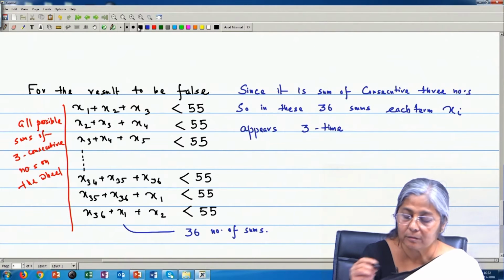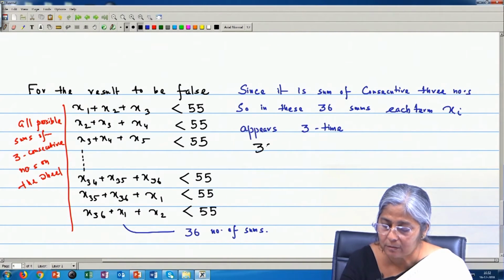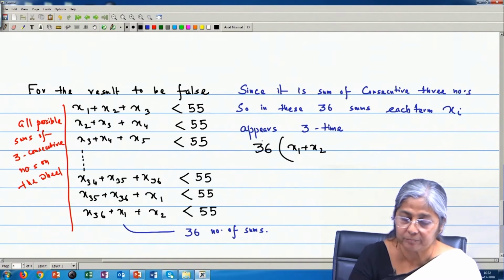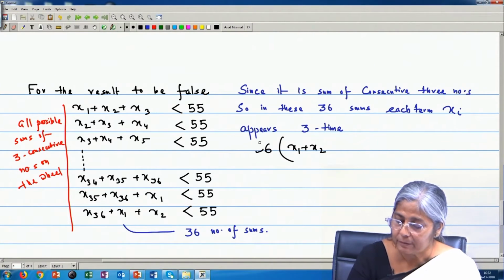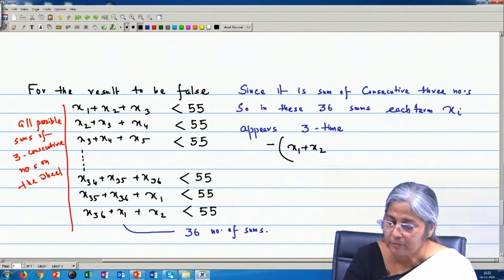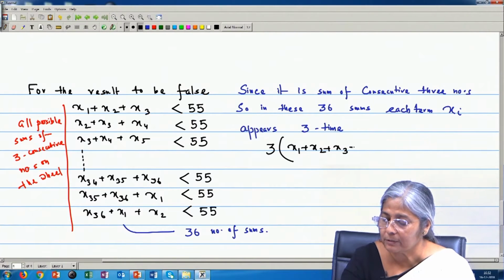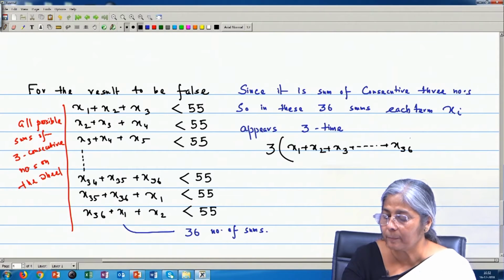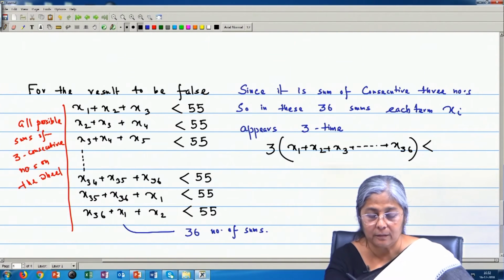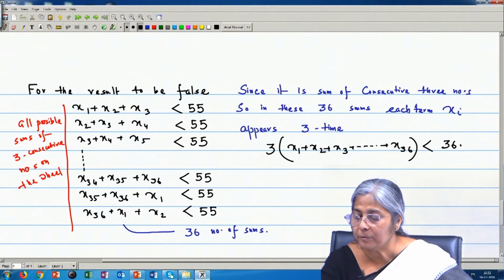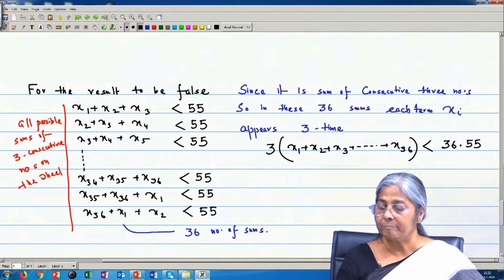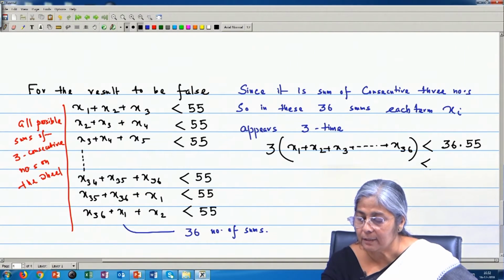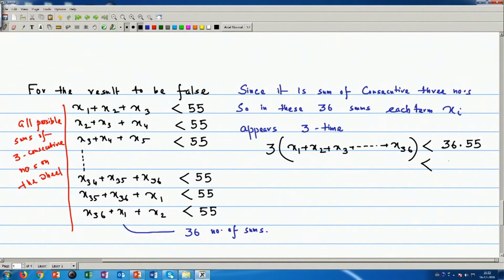So, we can write that 3 into (x1 plus x2 plus x3 up to x36), since each one appears 3 times, will be less than 36 into 55. 36 into 55, if we multiply, is 1980.